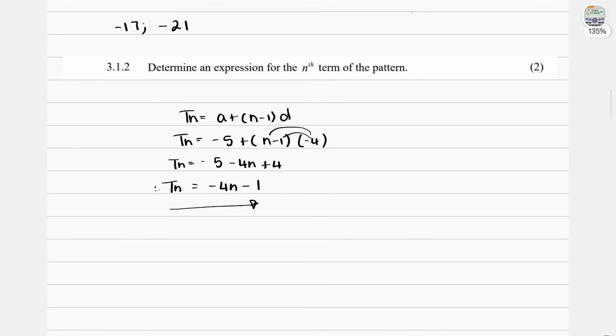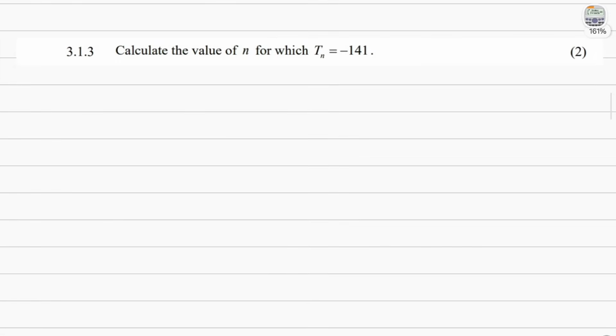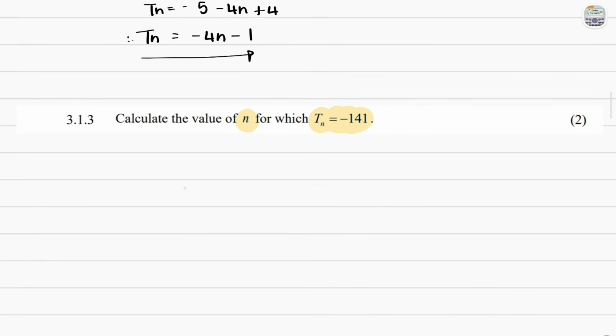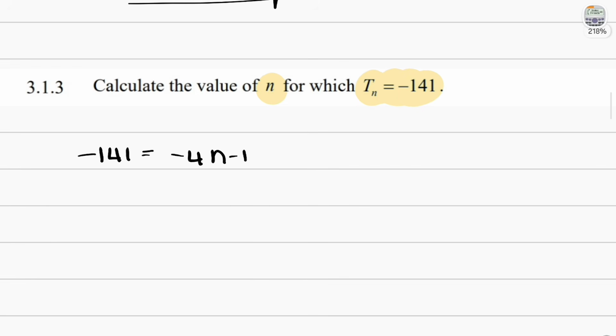Moving on to the next question. Question 3.1.3 says, calculate the value of n for which Tn equals -141. We already know that Tn is equal to -4n minus 1, so in place of Tn, substitute -141, and we're just going to solve for n.